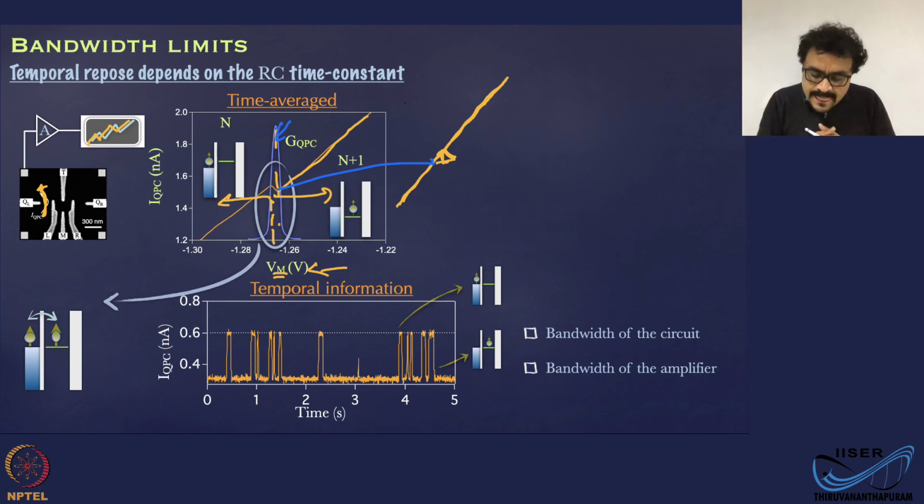Anyway, the point here is, if you stay at this point and watch the current, you have a higher current level when the electron is outside, as shown here, and a lower current level when the electron is inside.